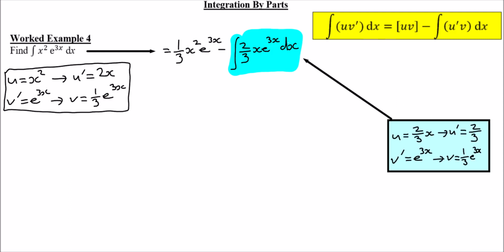So applying the integration by parts technique a second time, I'm going to have 1/3 x squared e to the 3x, then minus everything inside. So I'm going to put this in big squared brackets. We're going to have u multiplied by v, which is going to be 2/3 of an x multiplied by 1/3 e to the 3x. 2/3 times 1/3, that's going to be 2/9 x e to the 3x.